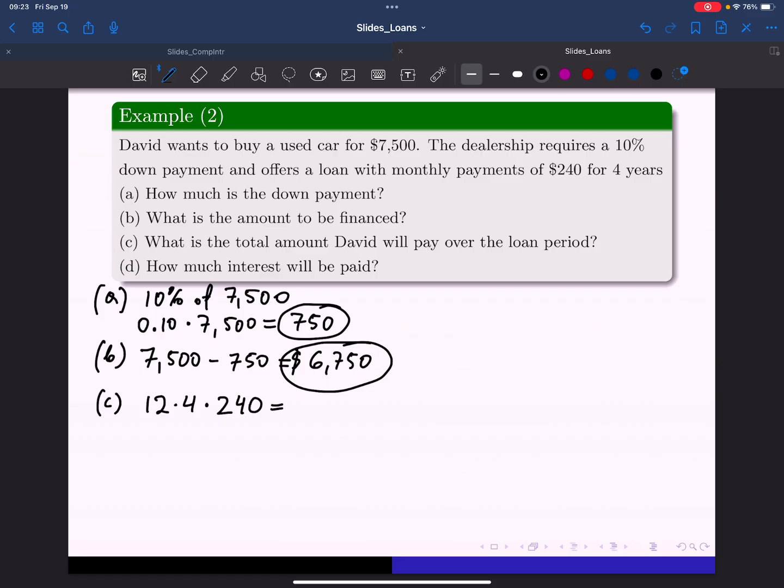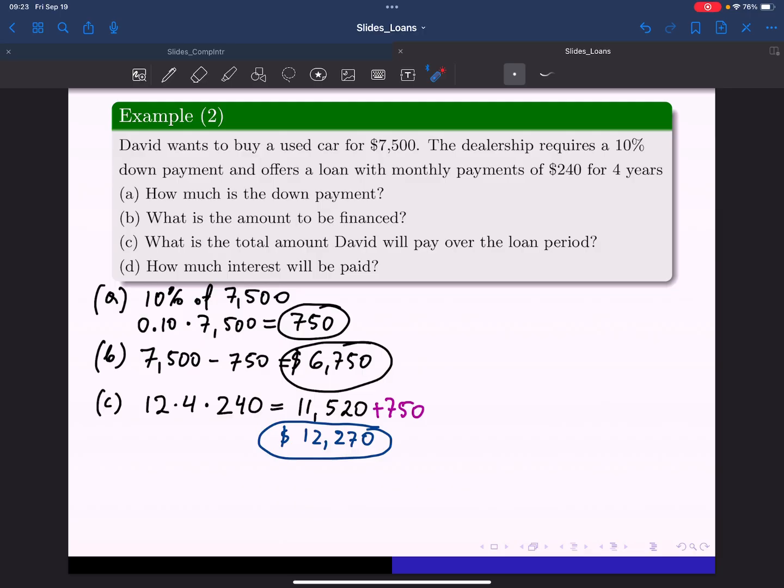So he pays in total $11,520, plus the amount that he already put down as a first payment, right? So plus 750. So he paid to the store $12,270. That's the amount he will pay over the period of the loan.